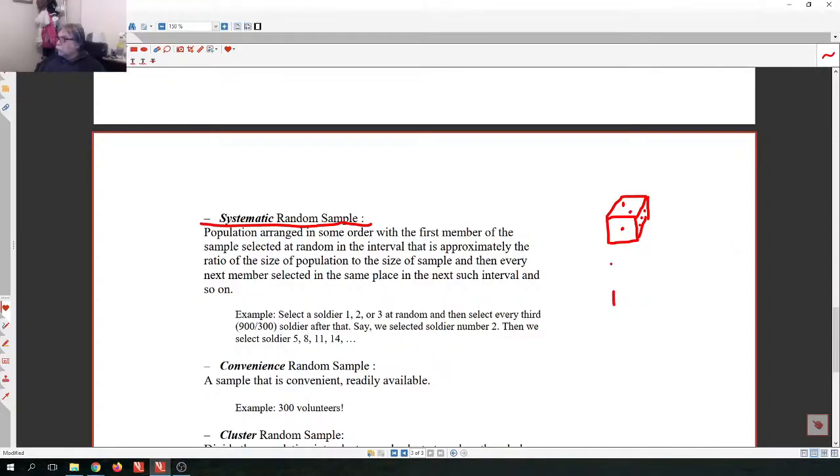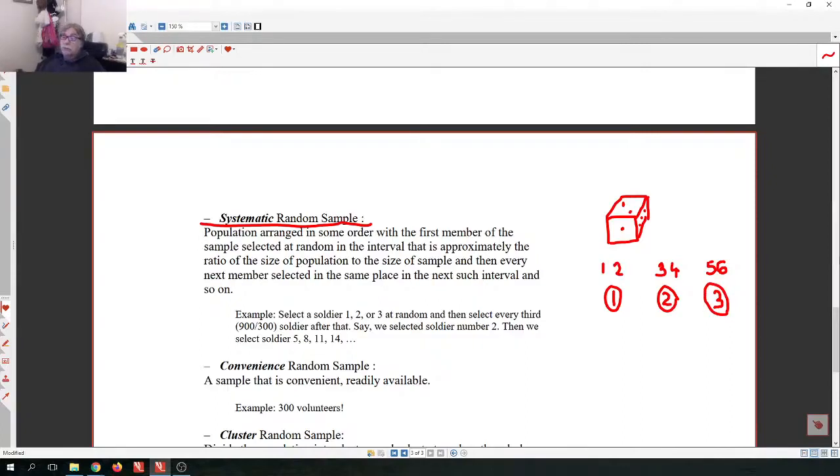If it's 1 or 2, I would select the first soldier in my roll. If it's 3 or 4, I would select the second soldier in my roll. If it's 5 or 6, I would select the third soldier on my roll.